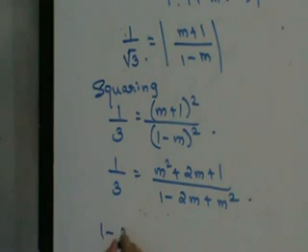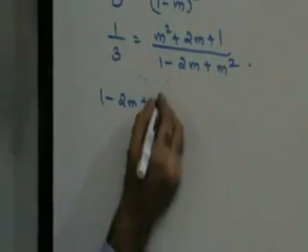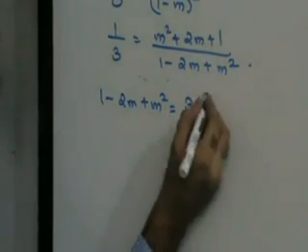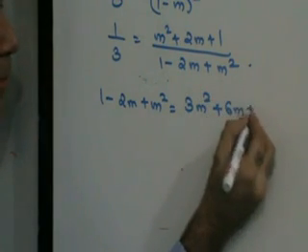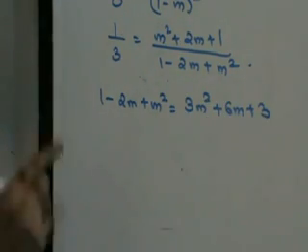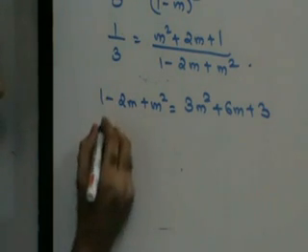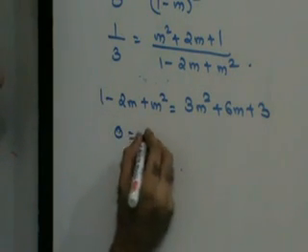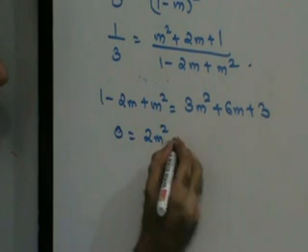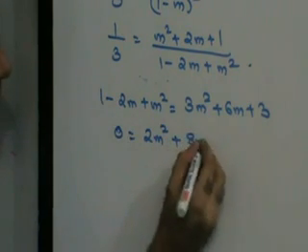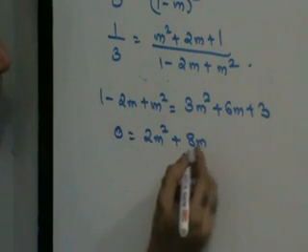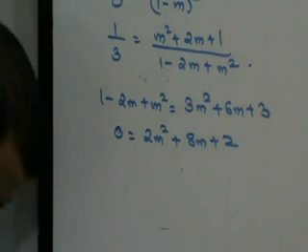This can be written as 1 minus 2m plus m square is 3m square plus 6m plus 3. Take everything on one side. If I take everything on one side, I get 0 is 2m square plus 8m plus 2.